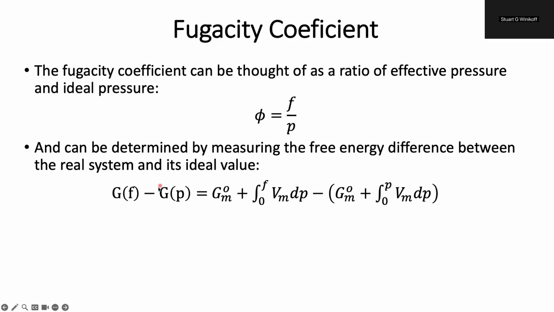Now, we can do this compared to the actual pressure of the gas. When we distribute this out, the reference pressure will disappear in both cases. So what we're really going to be comparing is these two integrals.